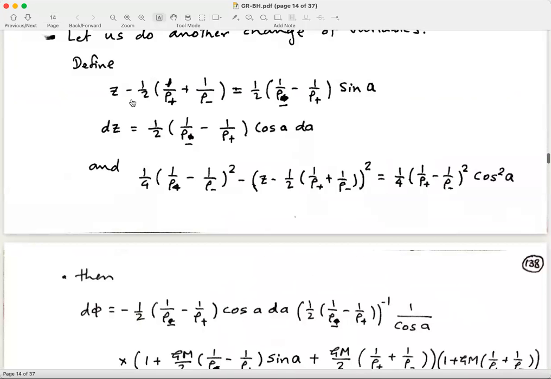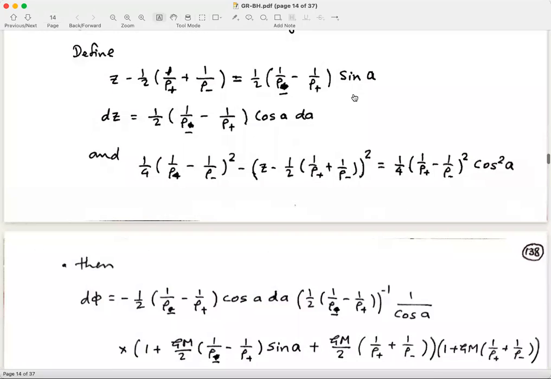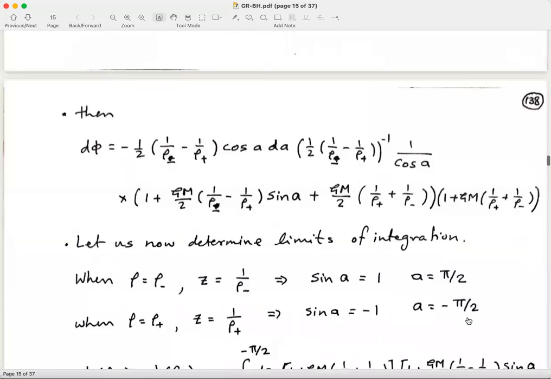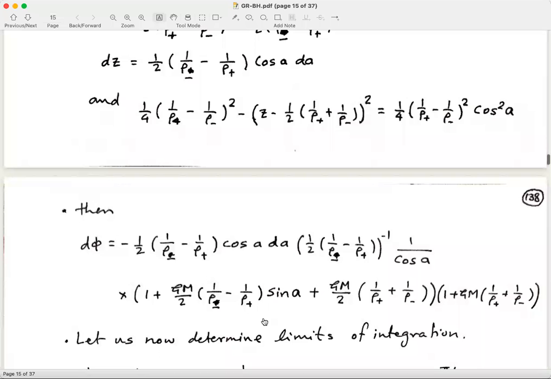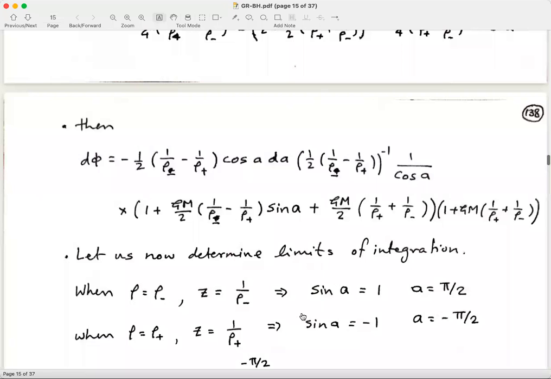On the other hand, when rho is equal to rho plus, then you will get minus of half times 1 over rho minus minus 1 over rho plus. Okay, so that means there's a minus sign, and that would tell you that A must be minus pi by 2. Okay, so that's how you get it this way. Just straightforward substitutions will tell you what are the angles.